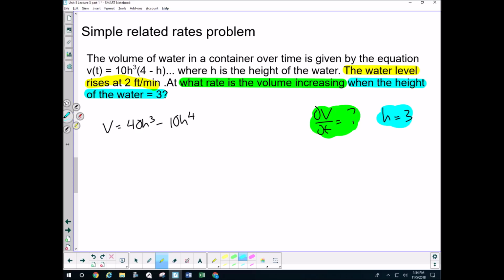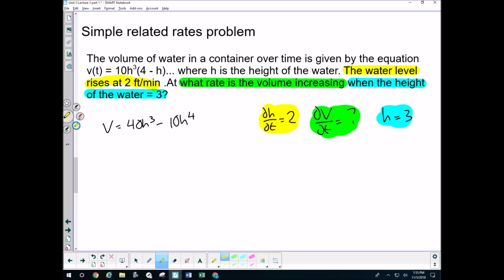That's how quickly the height of the water is changing. So I am told with the yellow guy that dH dt is 2. And that's what makes these calculus word problems. We're not just given all the information and we just take the derivative and solve. We have to do the translation.